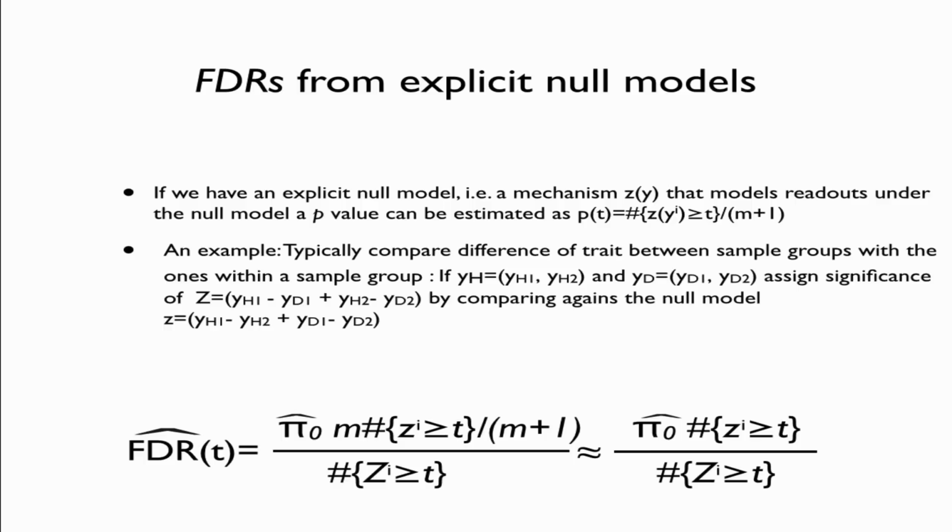But we could as well now create an explicit null model from the same data points by creating a mechanism, a small set here, which would be defined as the difference between the healthy samples with addition of the difference between the disease samples.